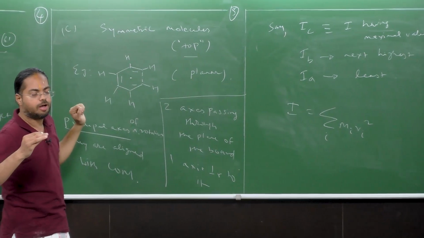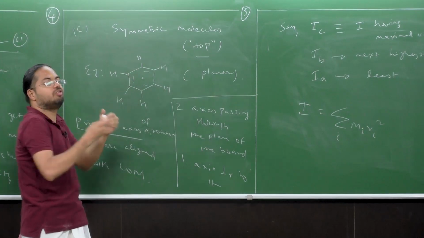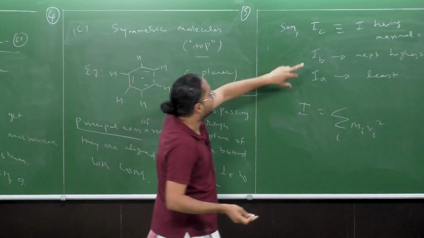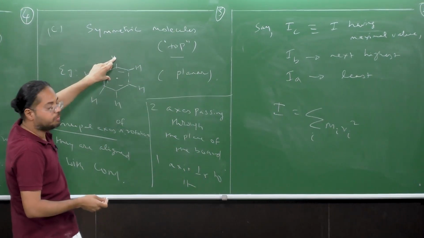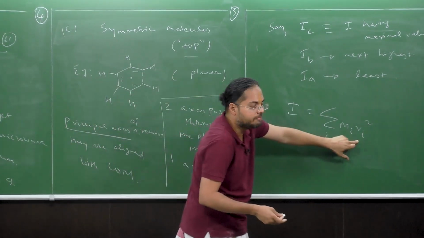So based on the symmetry of this molecule, it's very intuitive to tell you that for your IB and IA, in other words, the two axes which are in the plane of benzene, the distances are the same.